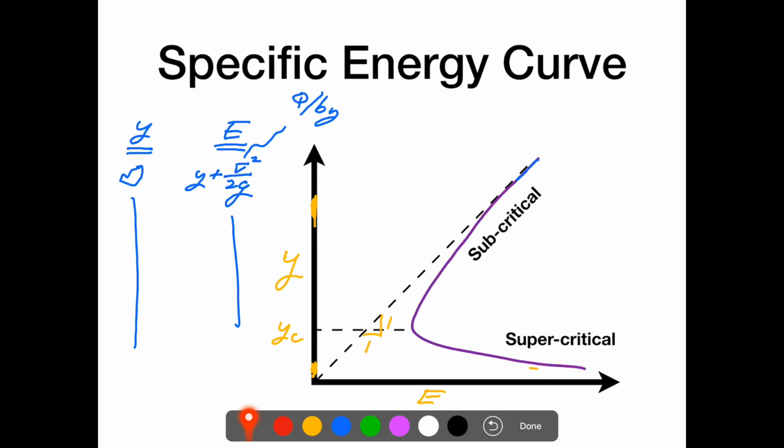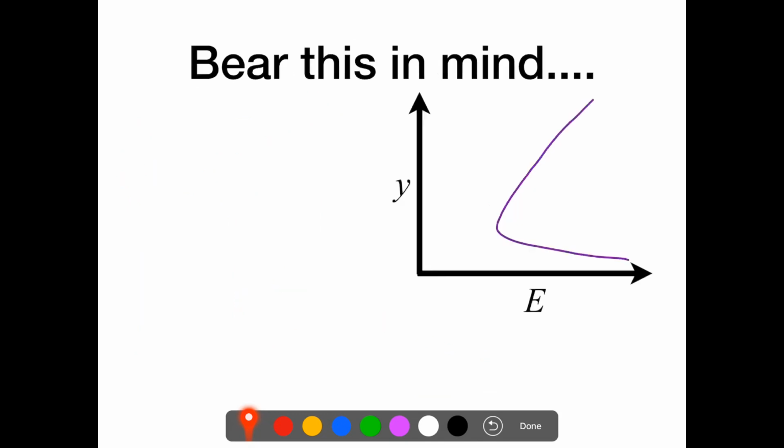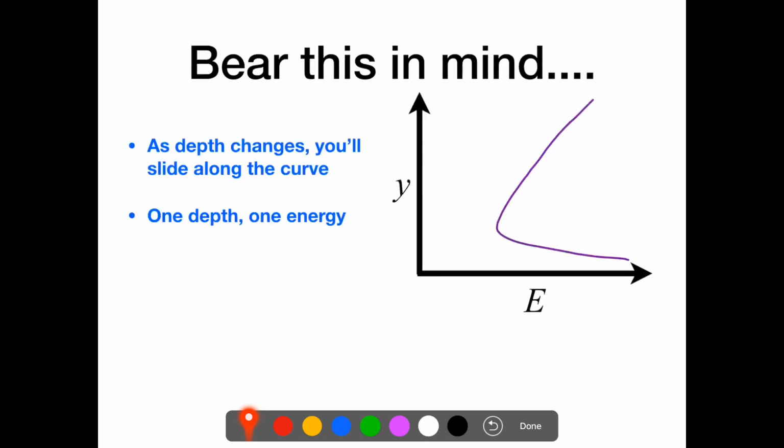So all that to say that you end up staying on the curve for these problems, and there's some comfort in that. A couple of other things to note. One is that if you have a given flow depth, that will exactly determine your energy. We already did that calculation. That was the making of this curve, right?